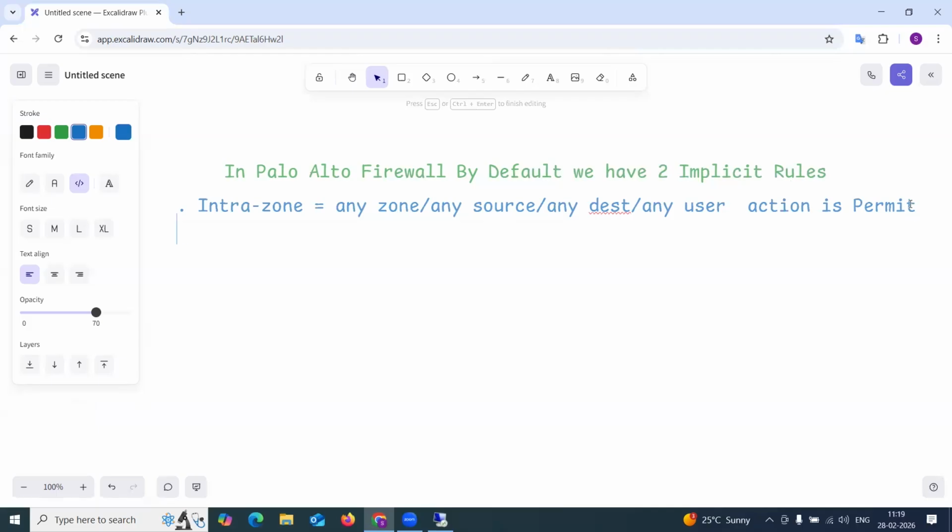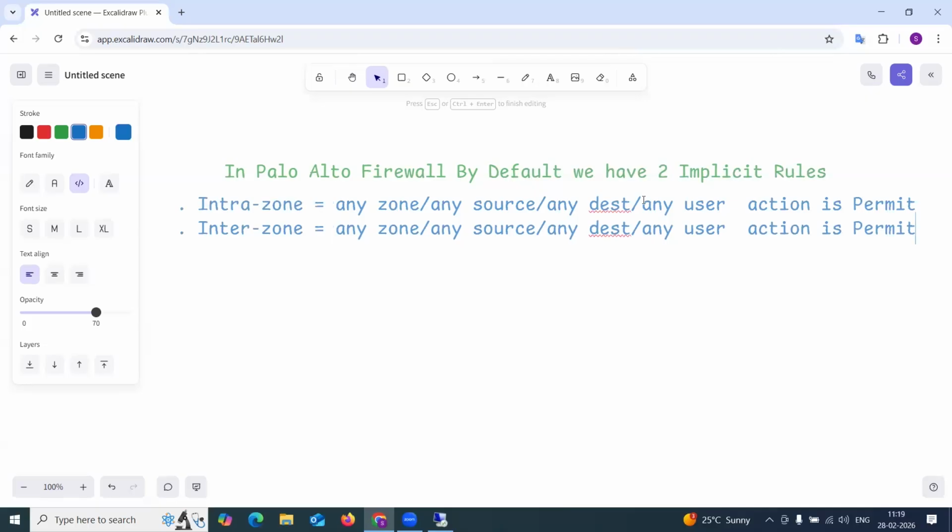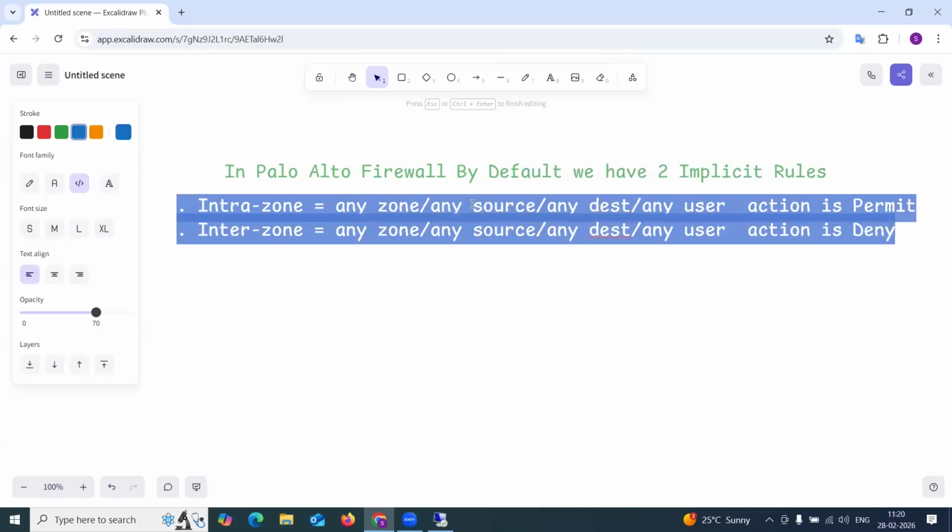Now, second is interzone. Interzone is the same thing, all any conditions, but the action is deny. Understood?